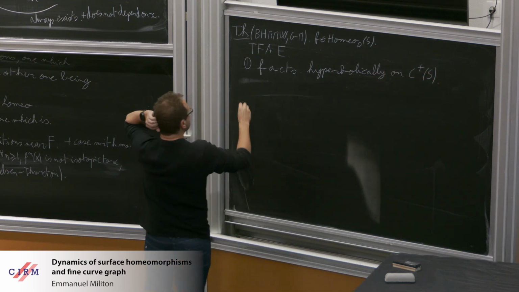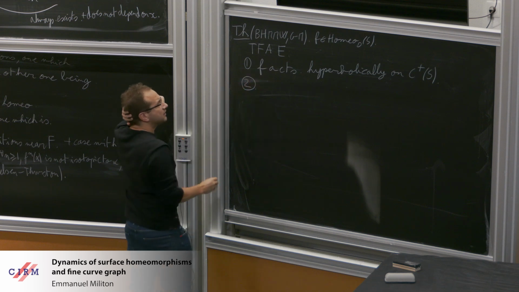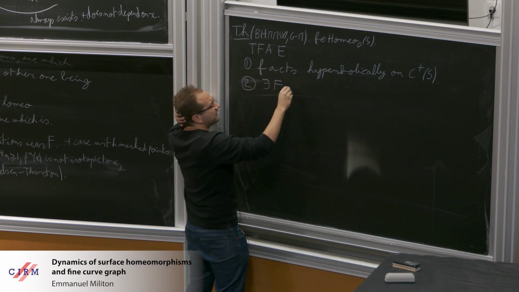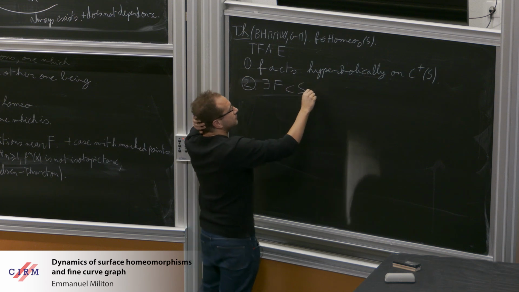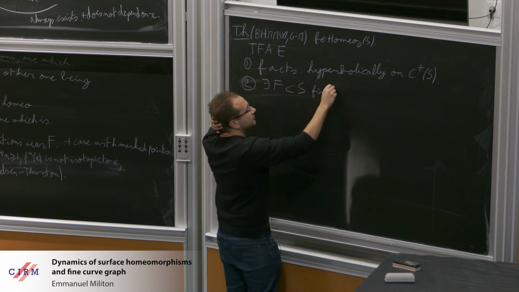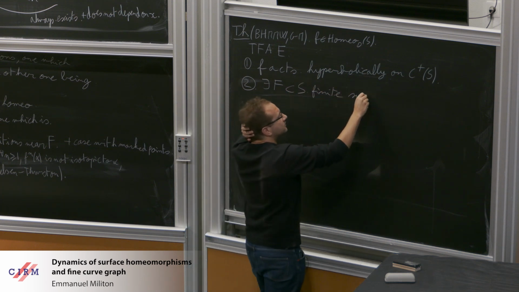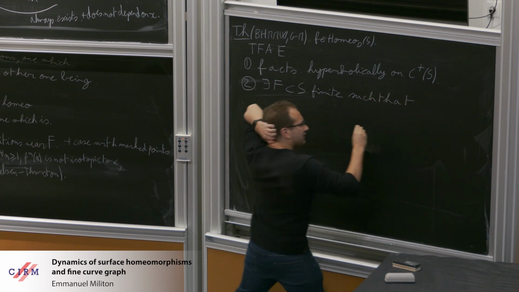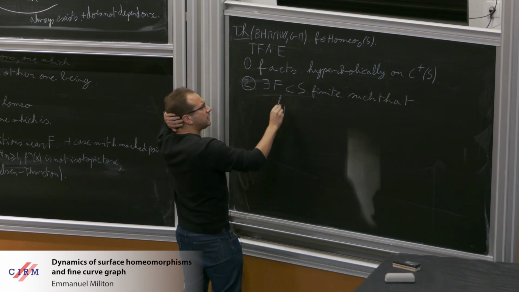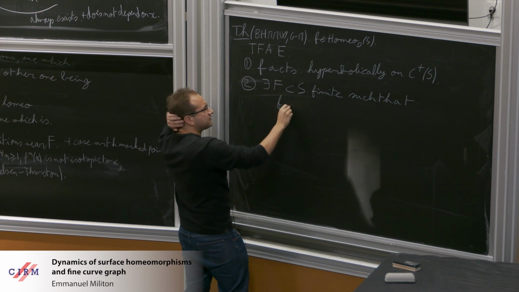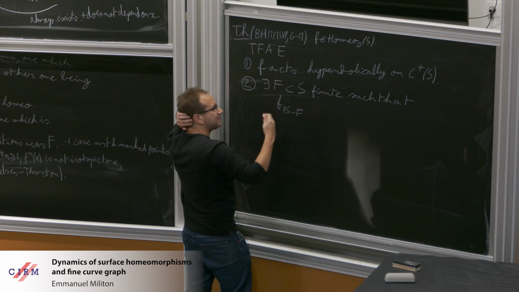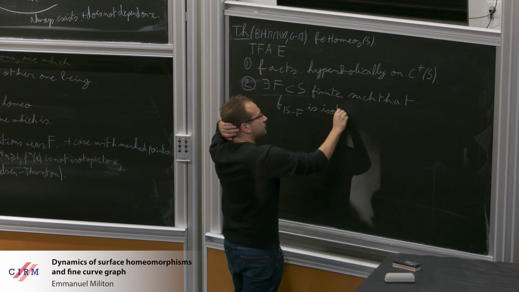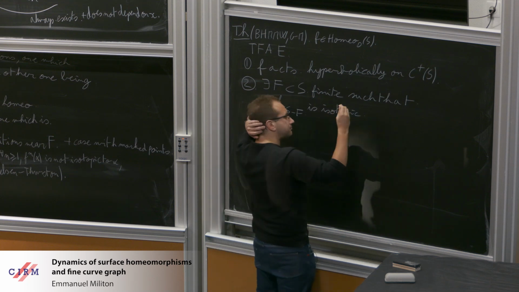And second, there exists a finite subset such that if you look at the isotopy class of the marked surface S minus F, this is isotopic to a pseudo-Anosov homeomorphism.